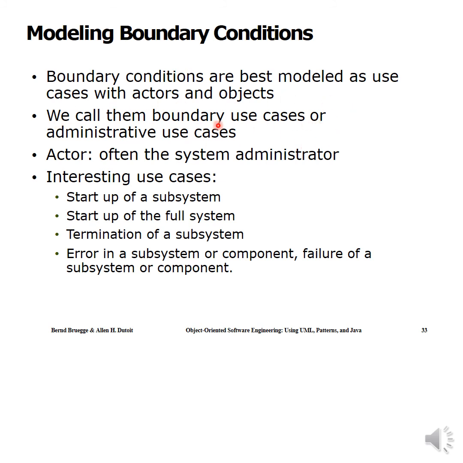The actor is often the system administrator, and because these use cases deal with initialization, termination and error conditions, the use cases can be startup of a system or subsystem, startup of the full system, termination of a subsystem, and error in a subsystem or component.